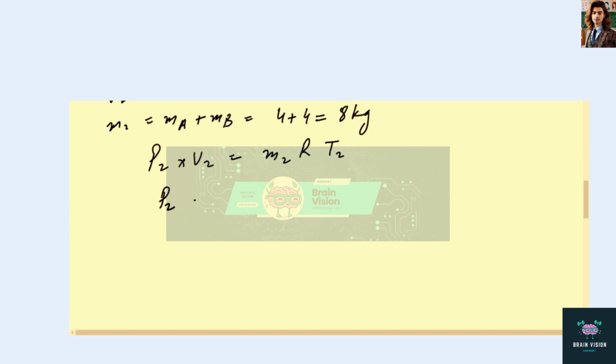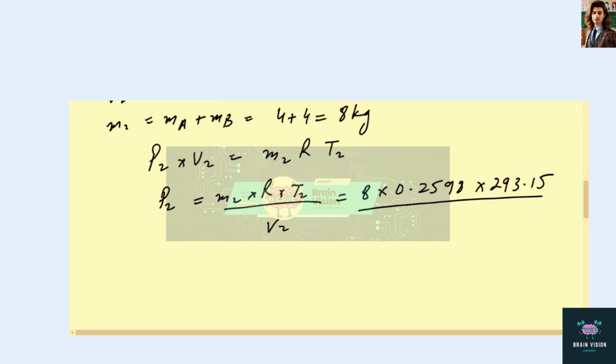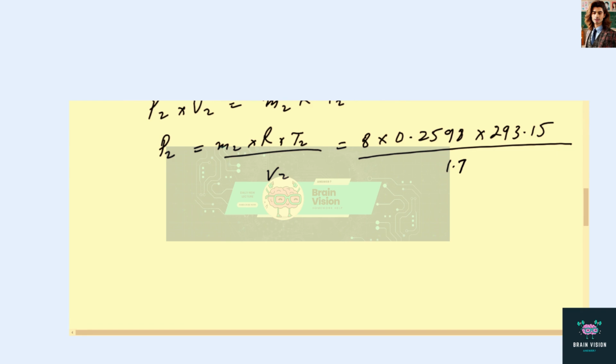So P2 is equal to M2 into R into T2 divided by V2, that is 8 multiplied by 0.2598 multiplied by 293.15 divided by 1.7, and the answer is P2 is equal to 358.4 kilopascal.